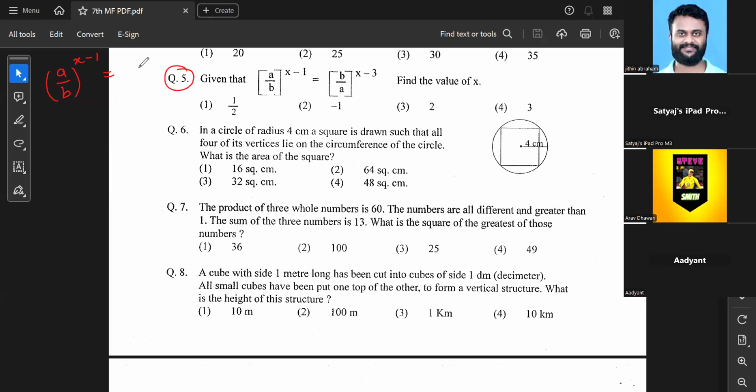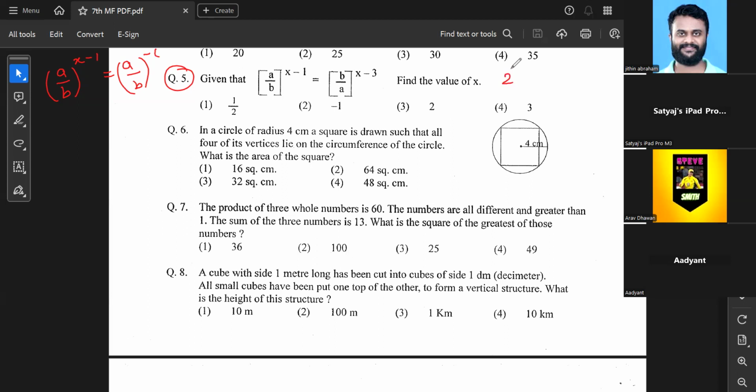On the right hand side, I have b upon a. First step is I'll be converting that into a upon b. Now, it is allowed to reverse the fraction. The only thing you have to do is introduce the negative sign in the power. Then you can reverse the fraction.